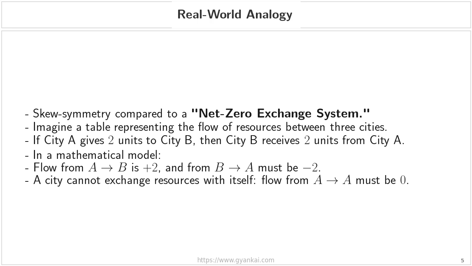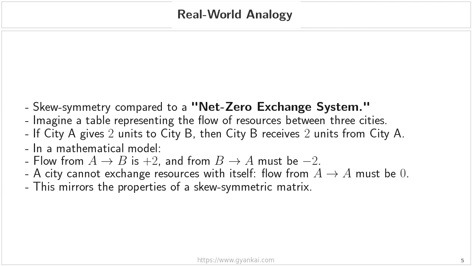Therefore, the flow from City A to City A must be 0. This perfectly explains the critical characteristic we derived earlier, that all diagonal elements of a skew-symmetric matrix must be 0. As you can see, this system mirrors the properties of a skew-symmetric matrix perfectly.